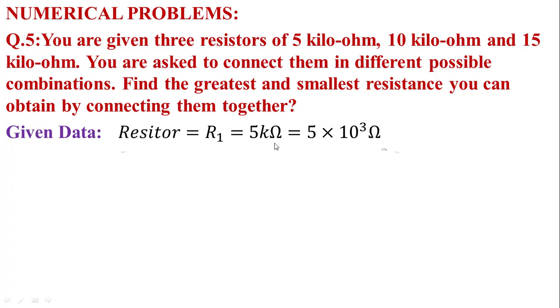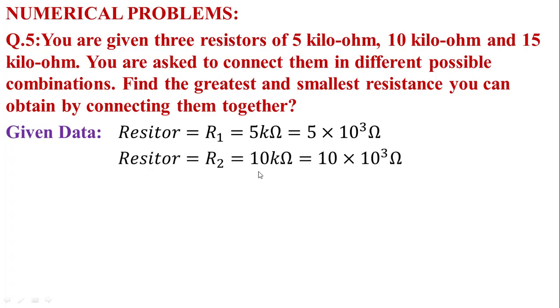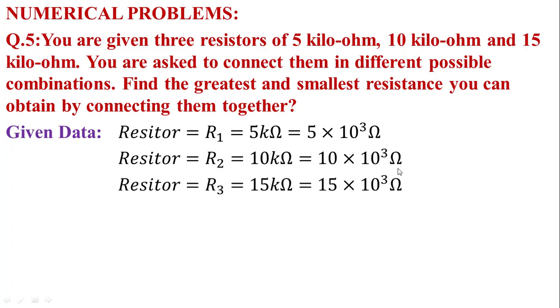Resistor R2 is equal to 10 kilo ohm, which is 10 multiplied by 10 raised to power 3 ohm. And resistor R3 is equal to 15 kilo ohm, which is 15 multiplied by 10 raised to power 3 ohm.